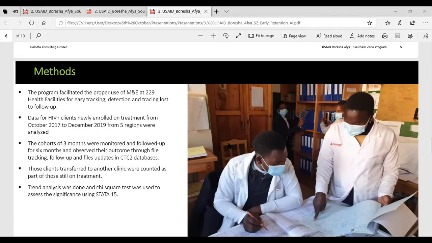Those clients who were transferred out during that period were also counted as part of those who were still current on treatment. However, we excluded clients who had a non-status. And we used trend analysis to determine whether there was any difference over a period of time.